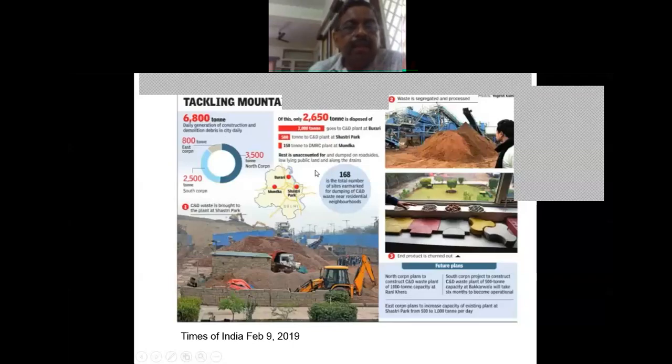So in Delhi and the surrounding area it is going on, and in the future plan also they have shown that the Noida plant is coming. So the government also is taking initiative to use these aggregates in our construction activities.